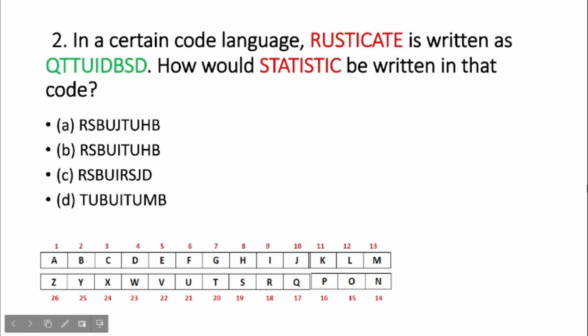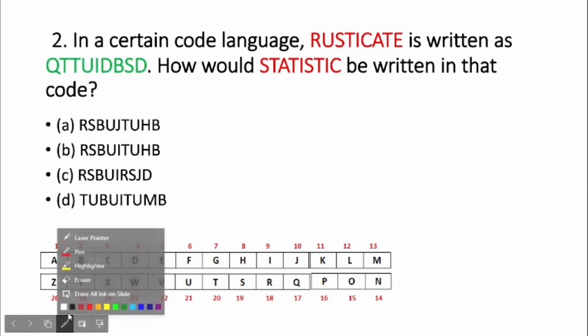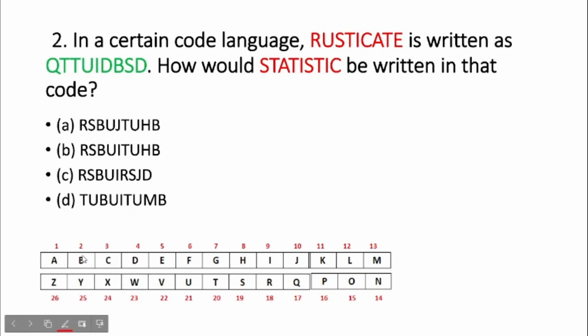So for the second question, the given word is rusticate. While writing it down, we understood that I was constant.